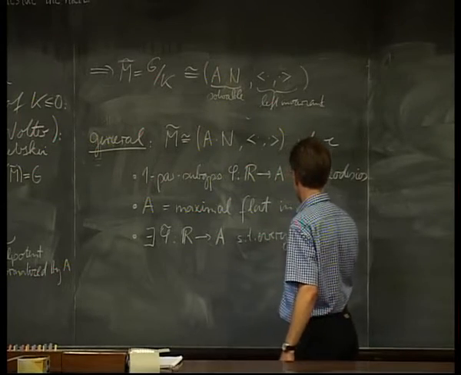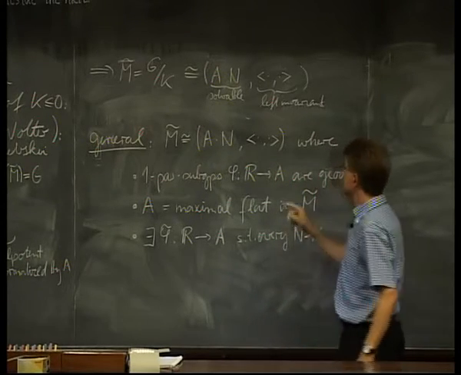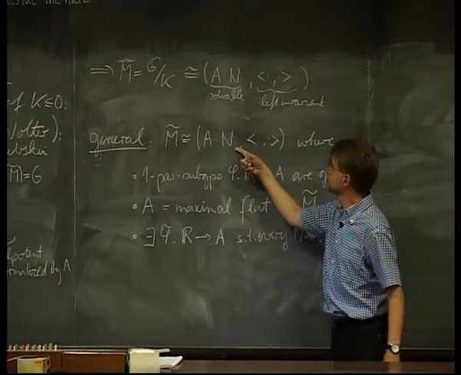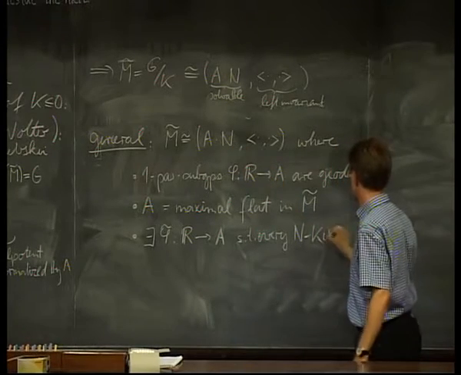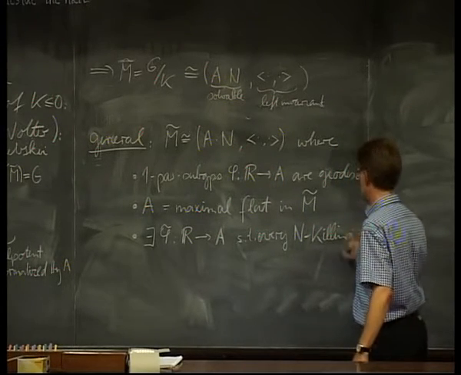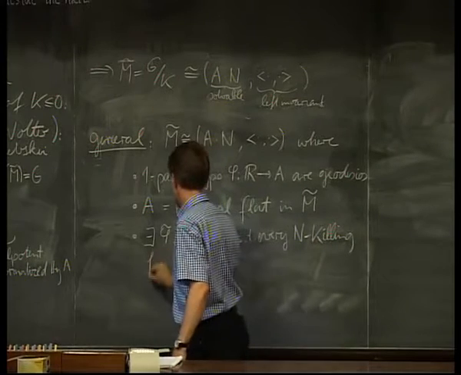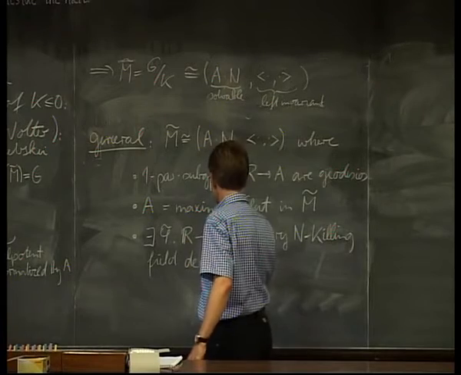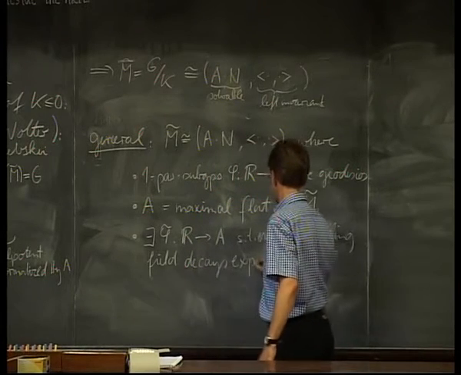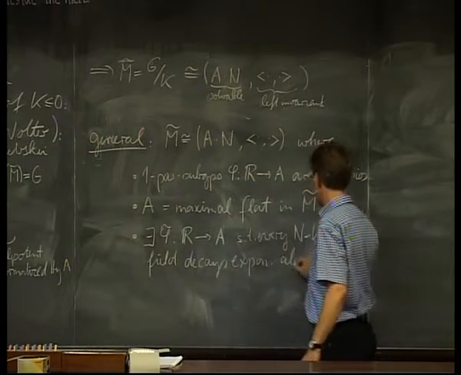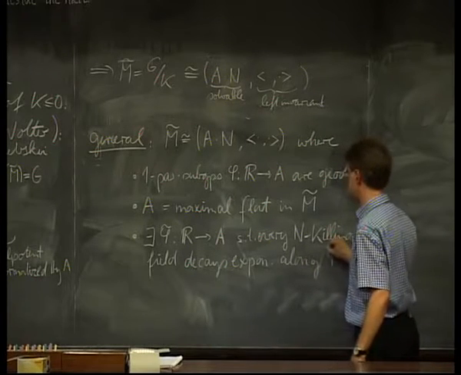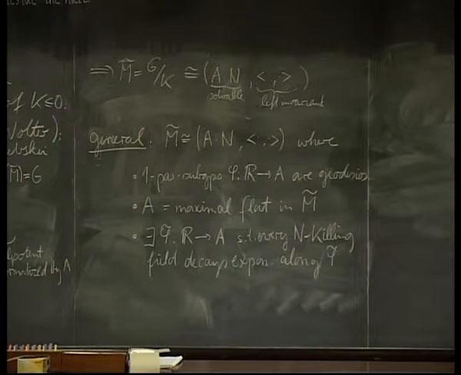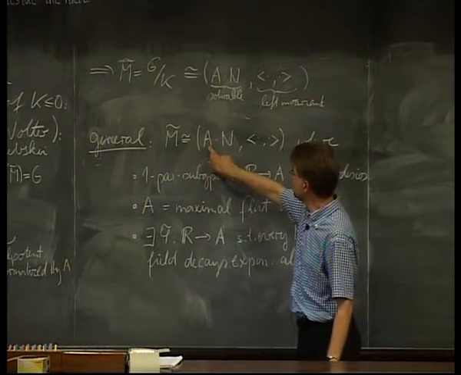Every Killing field coming from the nilpotent group N, and every N Killing field, decays exponentially along this geodesic phi tilde. And we already know how A Killing fields behave.